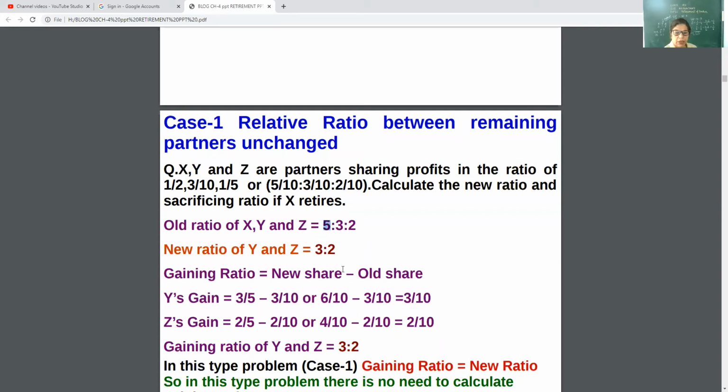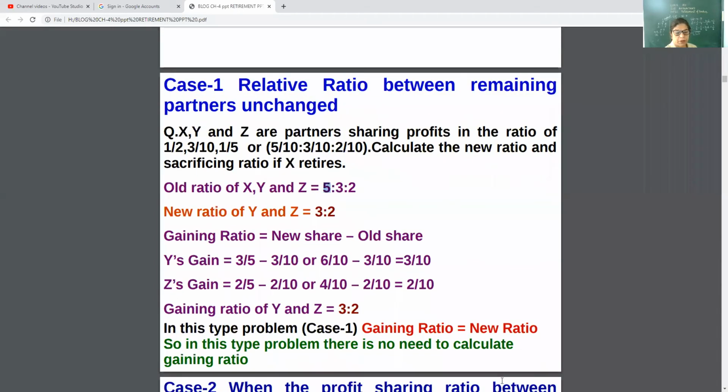And how to calculate the gaining ratio now? New minus old. In this type of problem, there is no need to calculate the gaining ratio.